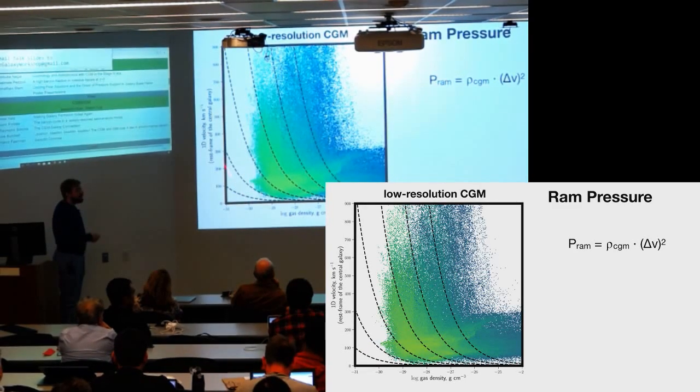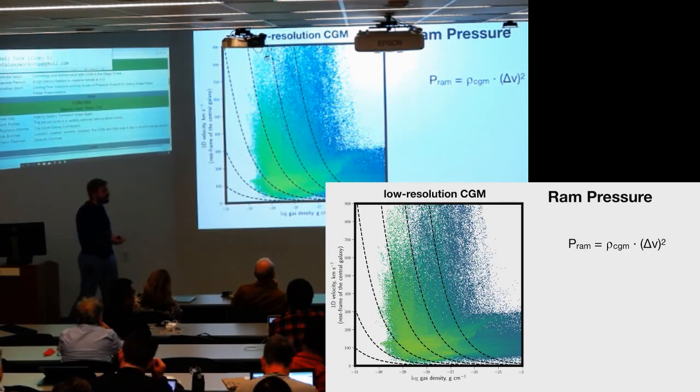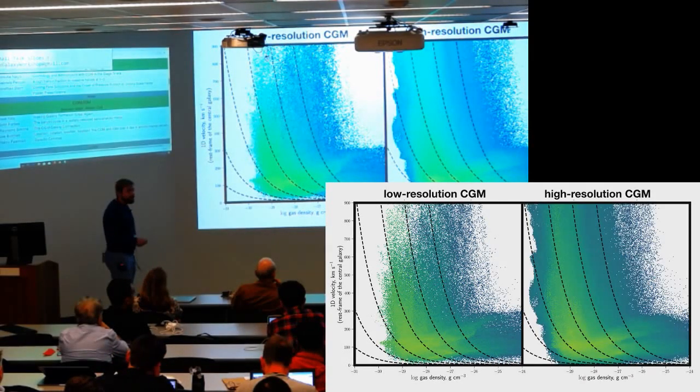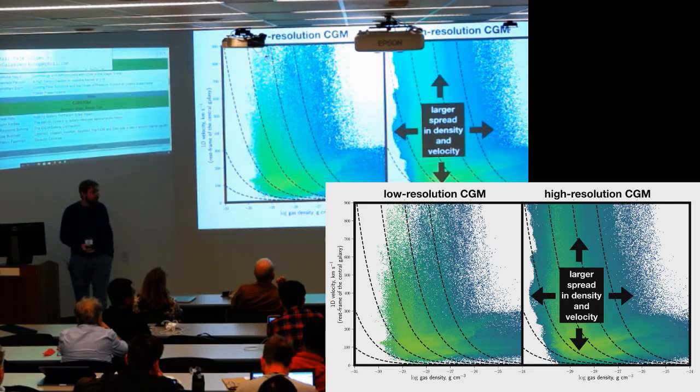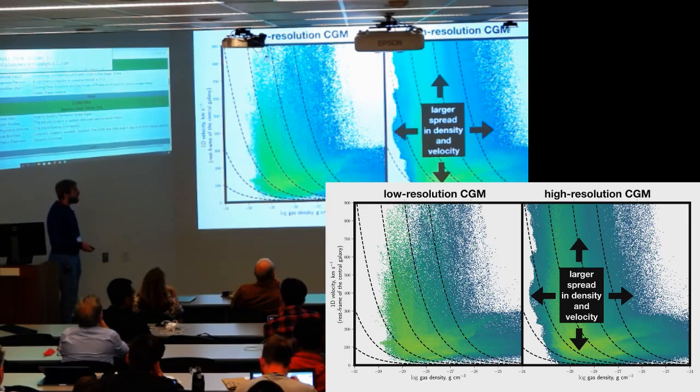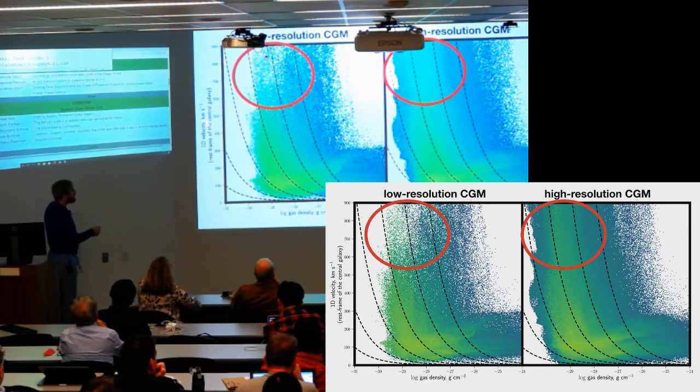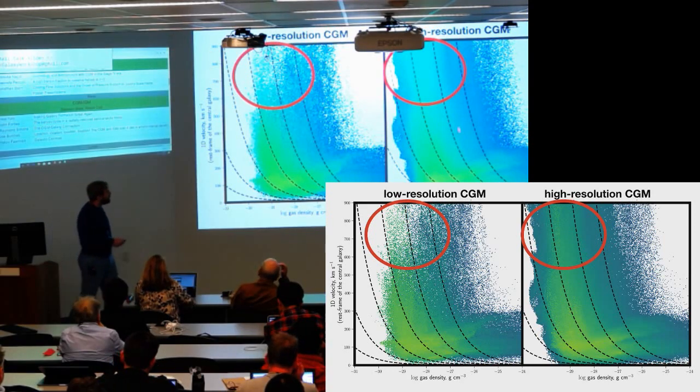And so this is what the low-resolution CGM simulation looks like, and this is what the high-resolution CGM looks like. And so what we're doing is we're naturally recovering a larger spread in density and velocity. And so what happens here is this is a volume-weighted distribution.